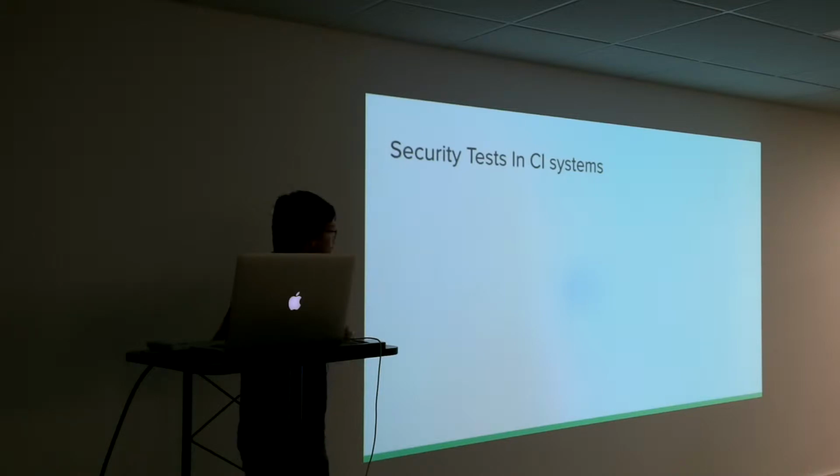So there are different types of security tests that you might be able to automate. Your unit tests probably help to ensure some level of security of your application by just checking that authentication is actually enforced, that users don't access things they shouldn't be able to.